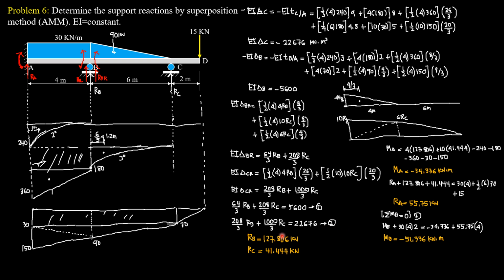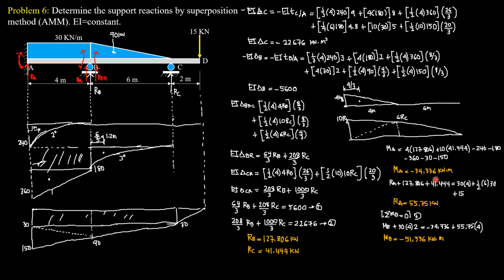Then EI delta C due to reactions is equal to positive EI delta C, so 208/3 RB plus 1000/3 R sub C equals 22,676. Solving these two equations simultaneously, you will get RB 127.826 kilonewtons and R sub C 41.444 kilonewtons.